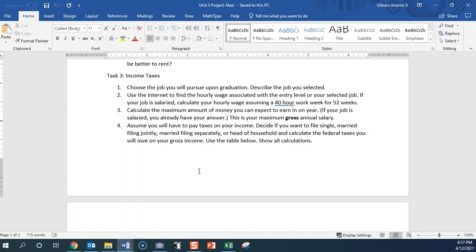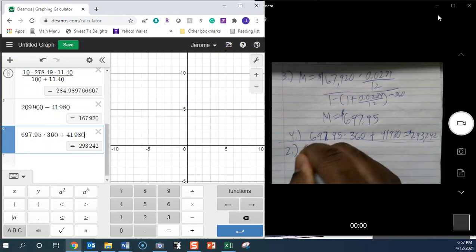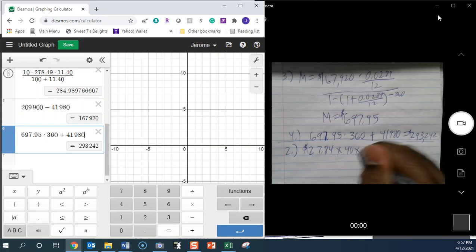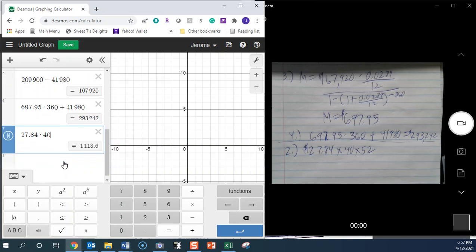So with this example here, this is number 2. The student whose information I took here was making $27.84 an hour times a 40-hour week times 52 weeks. So we had 27.84 times 40 times 52 weeks.